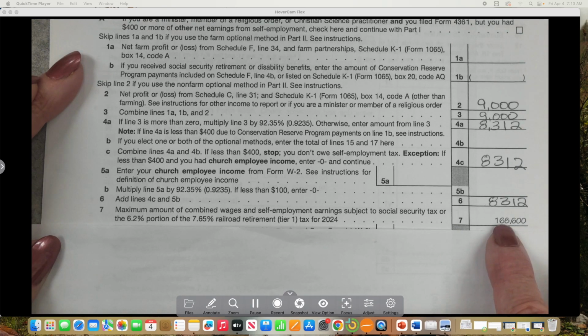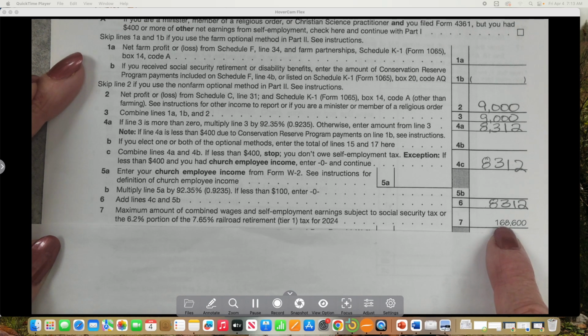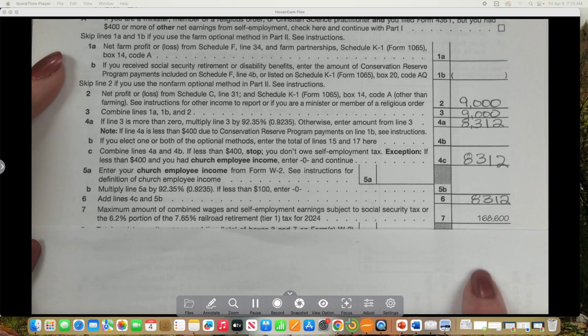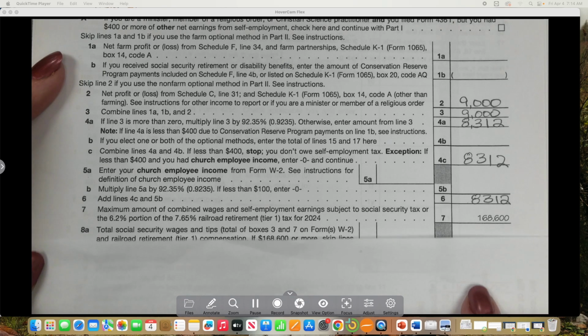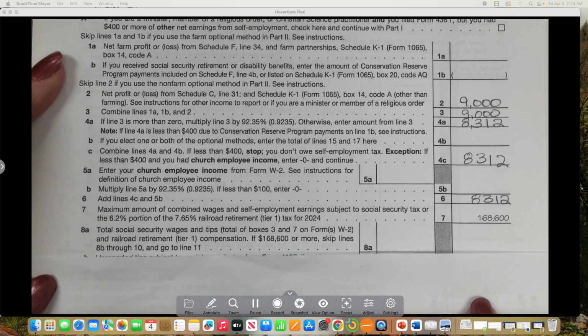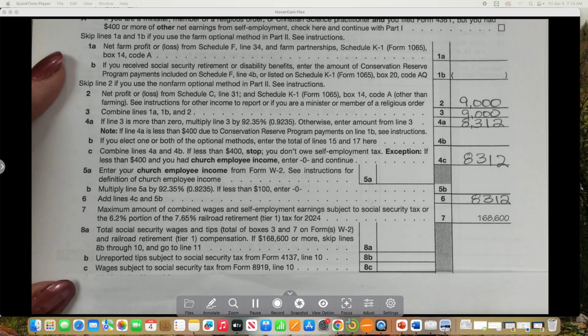Now here, this is the maximum amount of combined wages and self-employment earnings subject to Social Security tax at 6.2 and the 7.65%. Okay, so what we're going to do is go down here because again, we don't have any Social Security wages and tips that are reported.